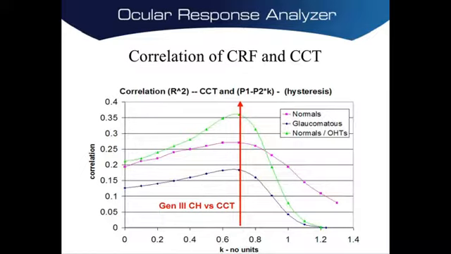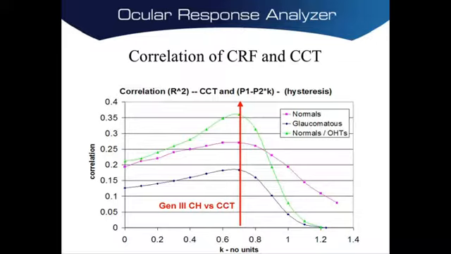If you look at the pink line, you see that at a constant of 1, so you're only looking at P1 minus P2, you have a correlation coefficient of about 0.19, representing the strength of the relationship between corneal thickness and corneal hysteresis. If you start to vary the amount of P2 in the equation, the correlation coefficient between the thickness of the cornea and its biomechanical properties as measured by the ORA changes.